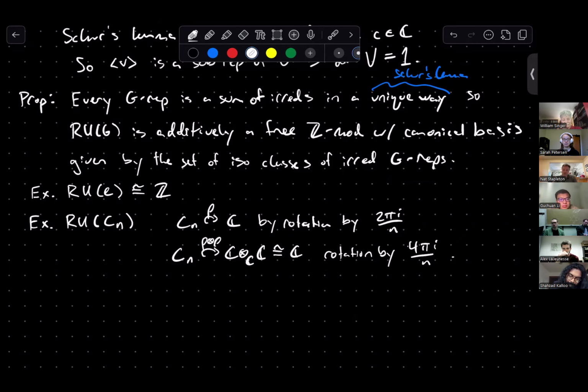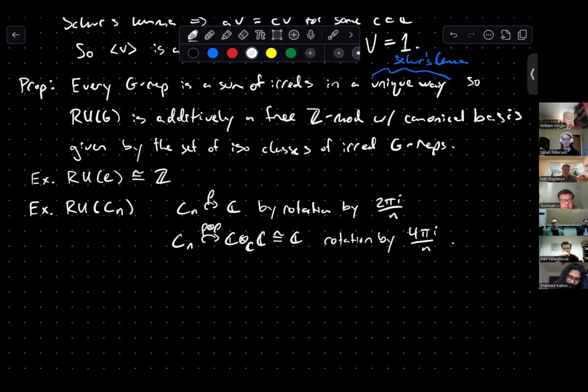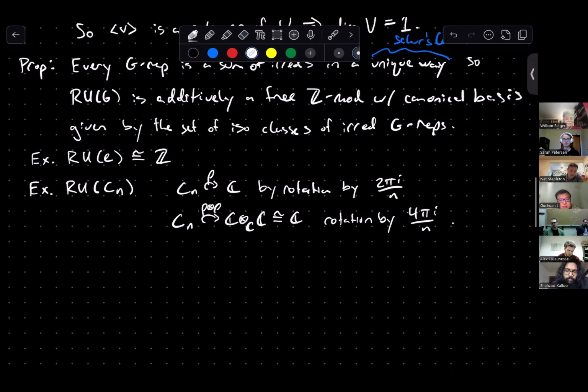And we can continue in this way, taking tensor powers of rho. This will end once we rotate by 2 pi i, which is the identity. So that's the nth power: rho tensor n is the trivial action.